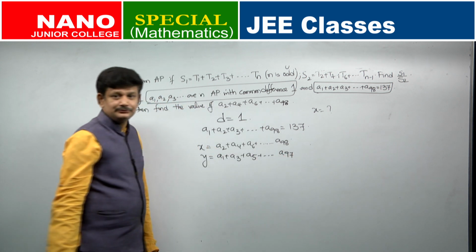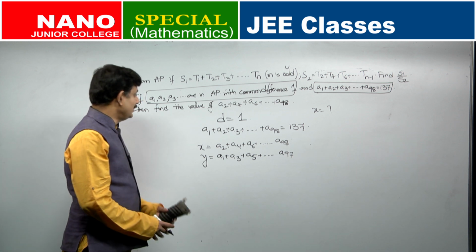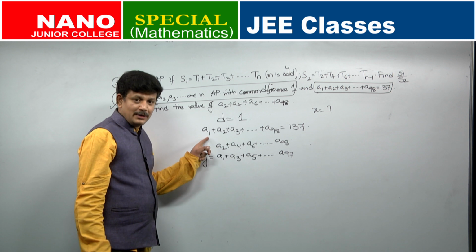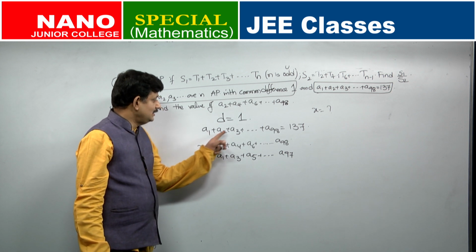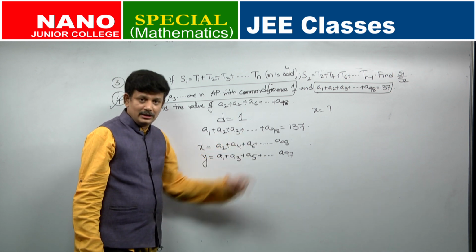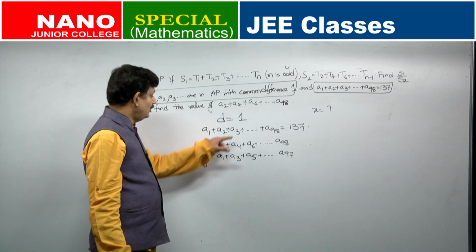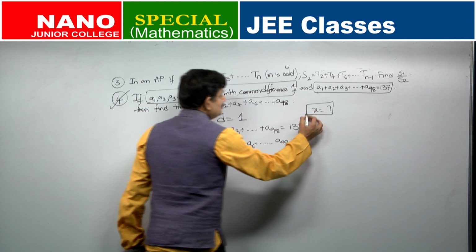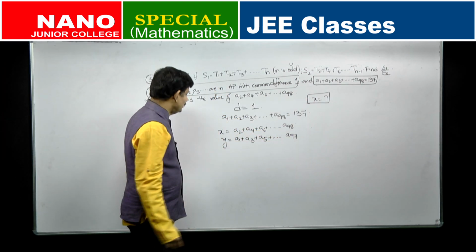Let me call that y. Okay. So, this summation has two parts in it: all even terms and all odd terms. What we want is the sum of all even terms, x.